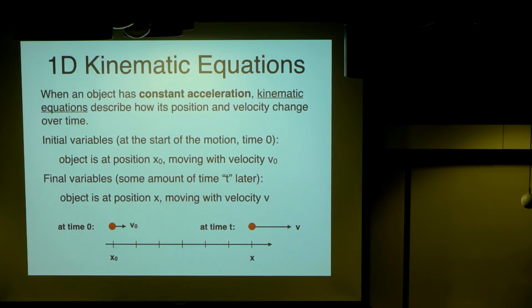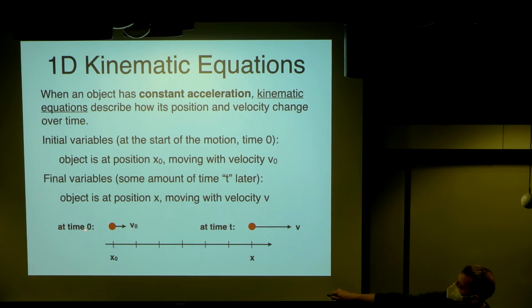So with that said, here is how we're going to set everything up with our kinematic equations. Remember, we're dealing with one-dimensional motion. So we typically use x for the position of an object, right? We just track where it's located along the x-axis, and that tells us its position. There are some variables I want to define for you: the initial variables and the final variables.